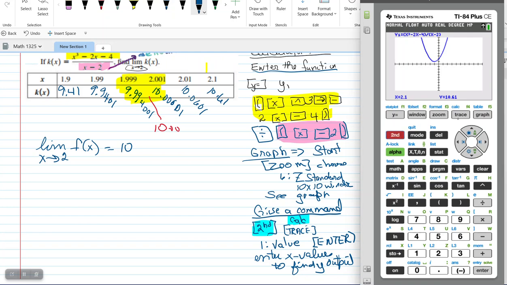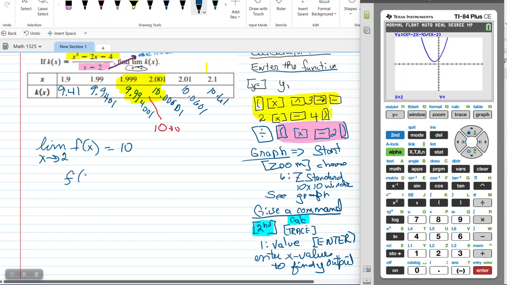Now, what happens with it as we look at it? I can do second calc, value at 2, and it is what? No response because it's an open hole. And what that means is that the function is factorable.